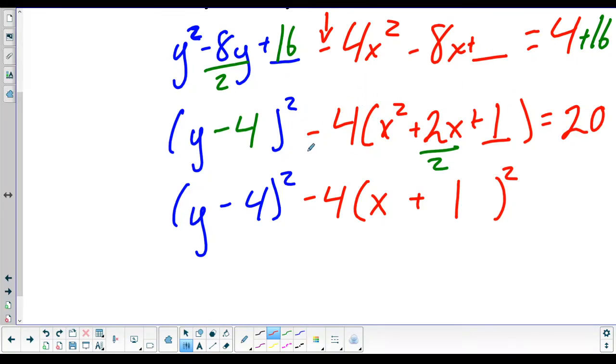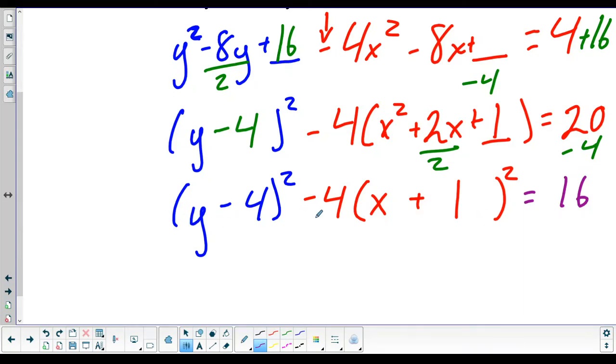So you need to multiply the coefficient to whatever you're adding, and then that's what you're really adding to both sides. So negative 4 times 1 is negative 4. So because we're subtracting 4 total on this side, we need to subtract 4 over here. So this side is going to turn into 16.